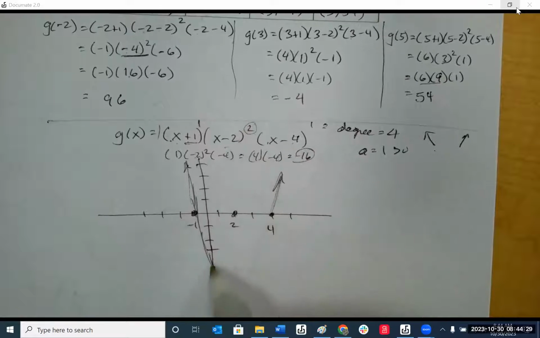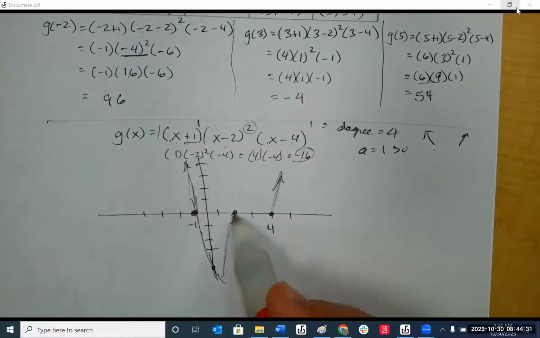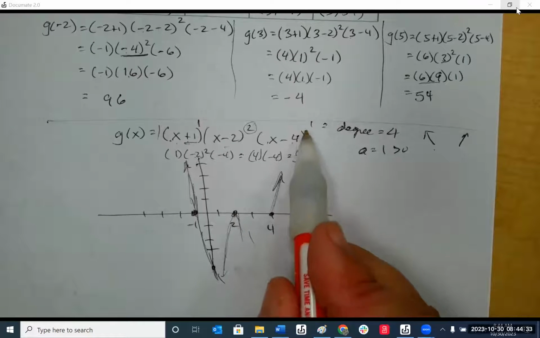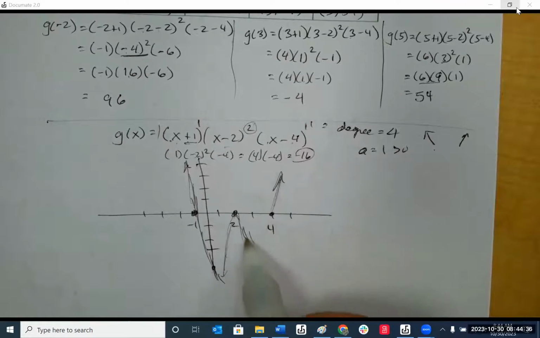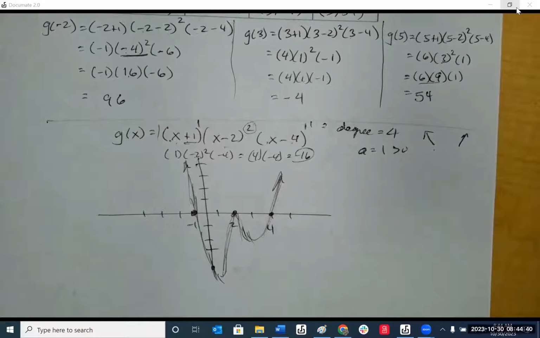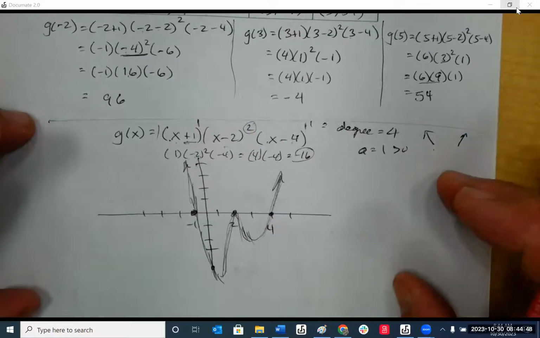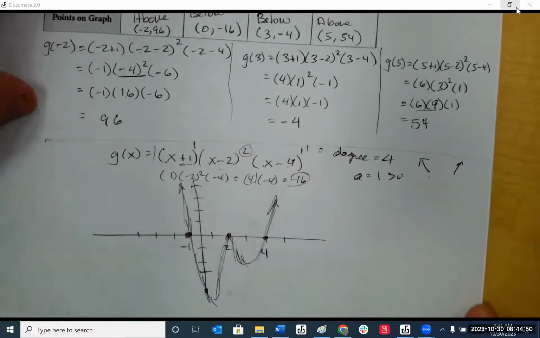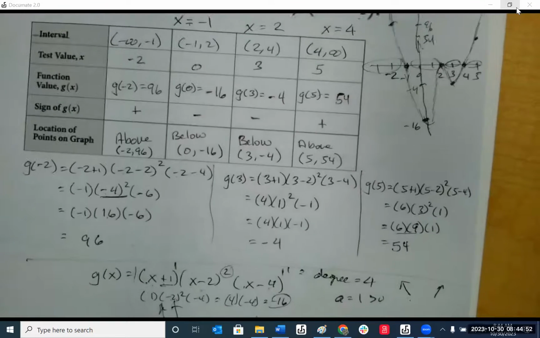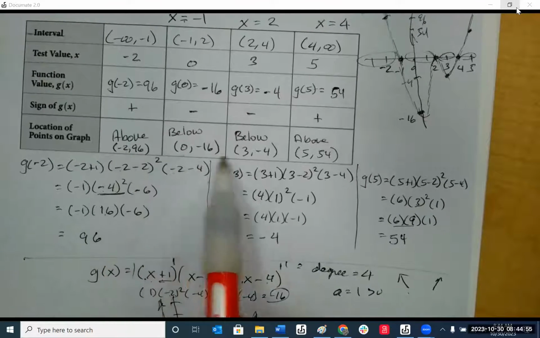At 2, it bounces. And at 4, since it's 1, it crosses. So we could guesstimate what the graph's going to look like. Again, all that stuff comes from section 4.1. In section 4.1, we just did a rough sketch, and this method here gives you some actual points to plot.